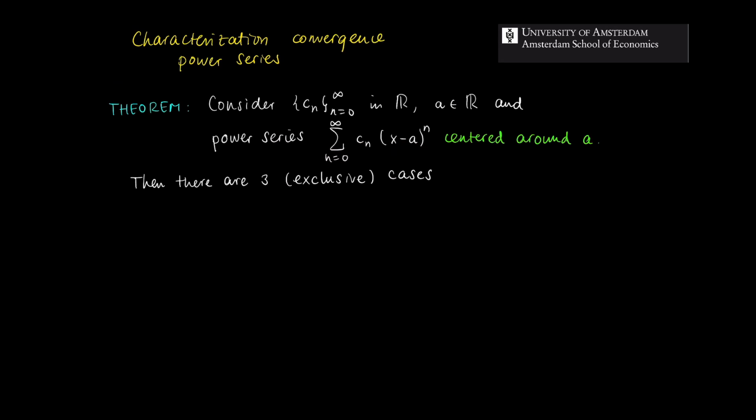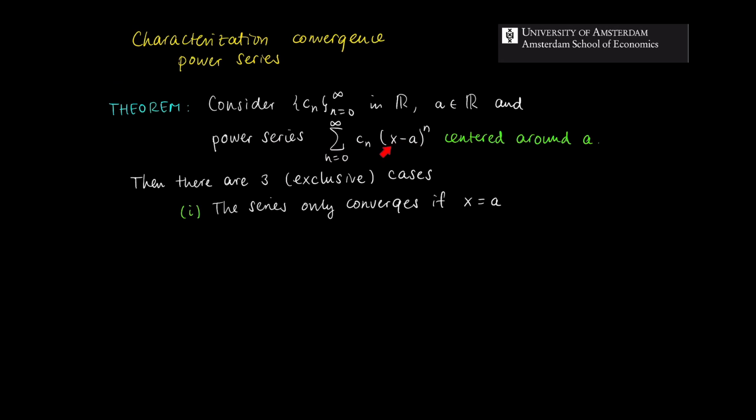There are three cases. The first one is that this power series only converges if x equals A. Well, that it always converges in x equals A is rather clear, right?